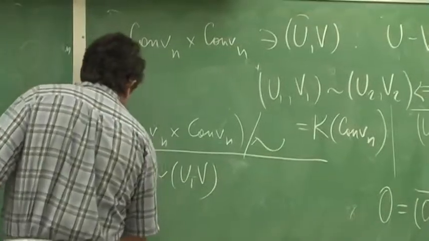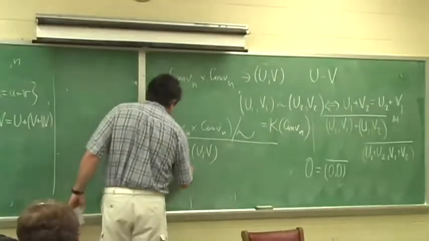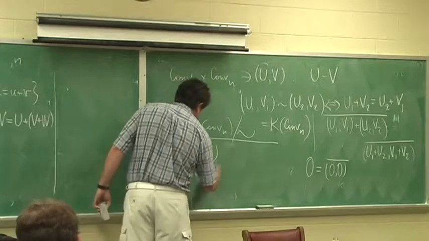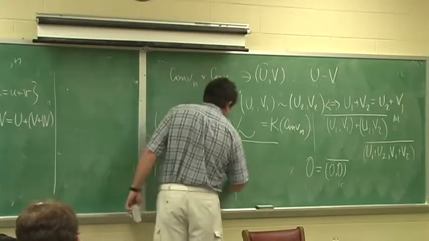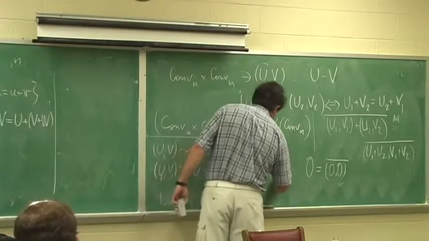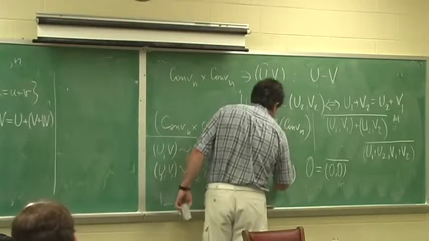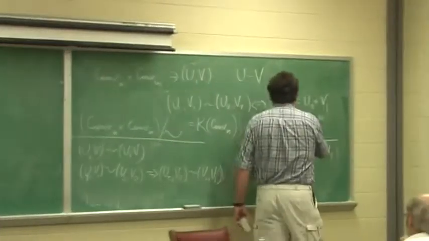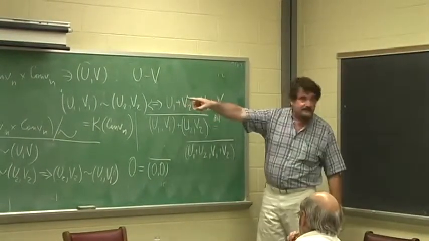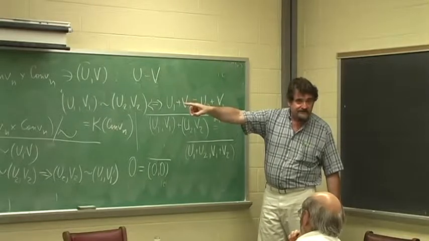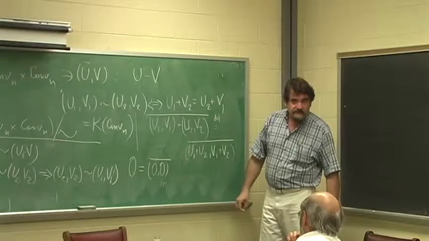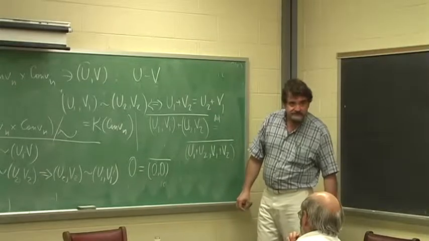Then, if (U1,V1) is equivalent to (U2,V2), then (U2,V2) is equivalent to (U1,V1). Obvious, because here the order is not important, and this was mentioned before. So the first 2 conditions are obviously true.